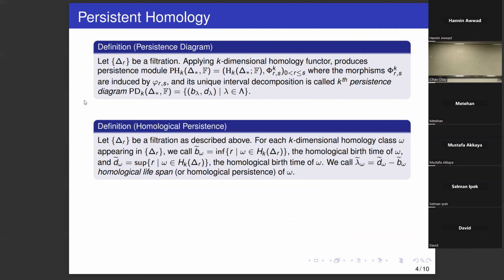Basically you have a sequence of vector spaces with the injection maps, and it will give you some persistence module you can decompose into barcodes. And a persistent barcode corresponds to every interval, so you are decomposing into intervals. But this is the algebraic definition. It doesn't directly match what I told you.